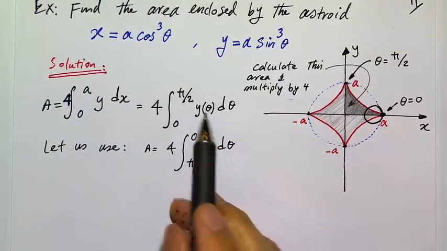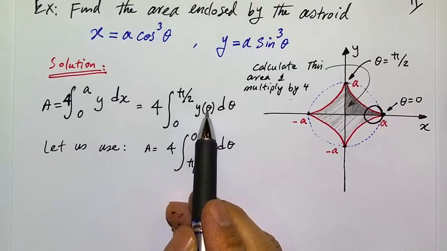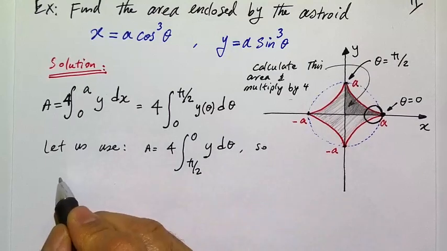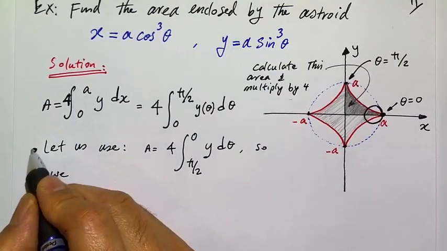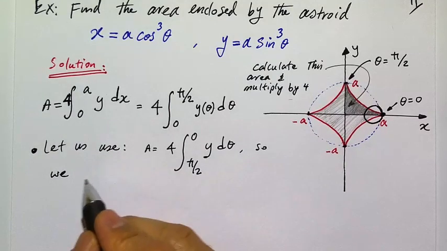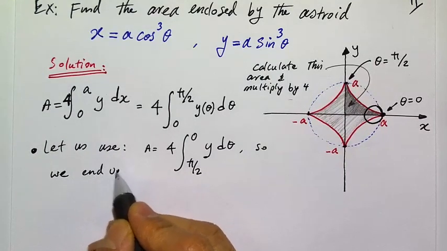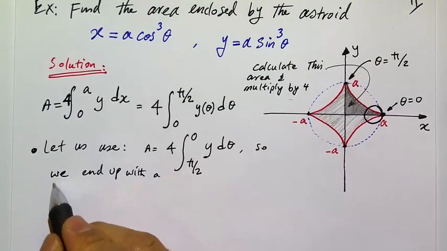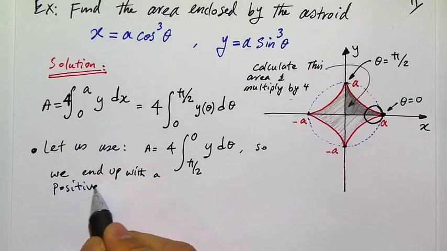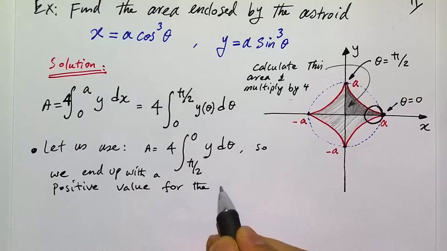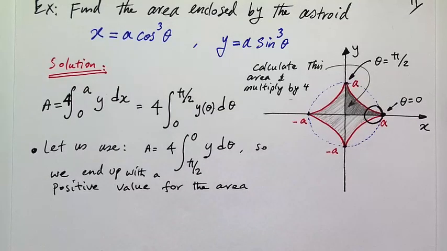These two are the same thing, but this makes it explicit what the parameter is. That's all. And then we end up with a positive value for the area. That's the only reason we're doing this.